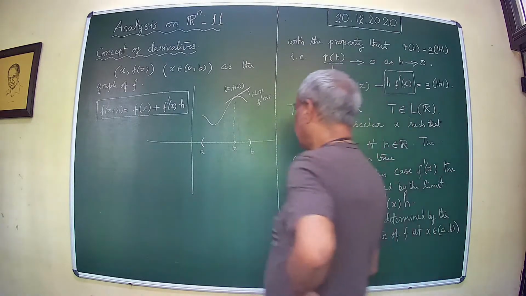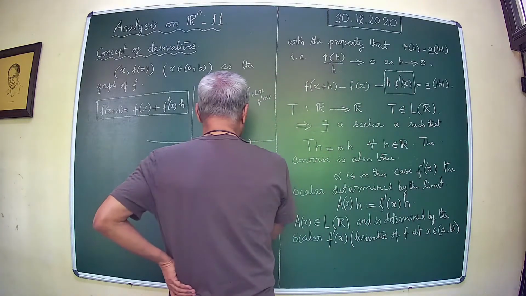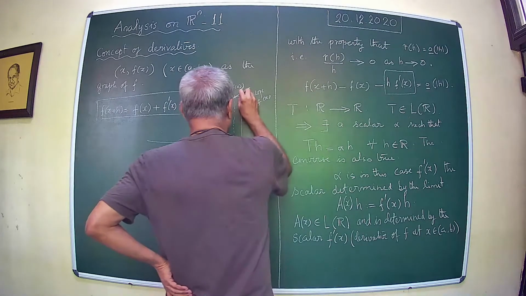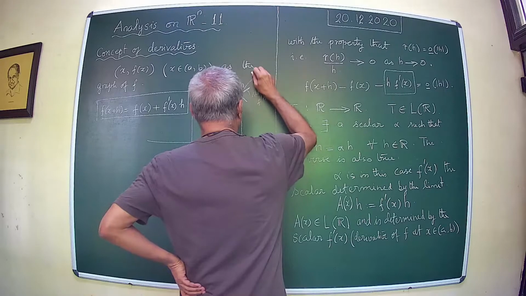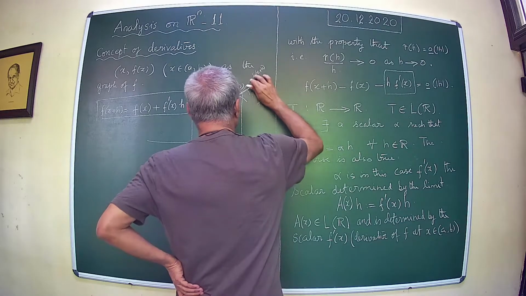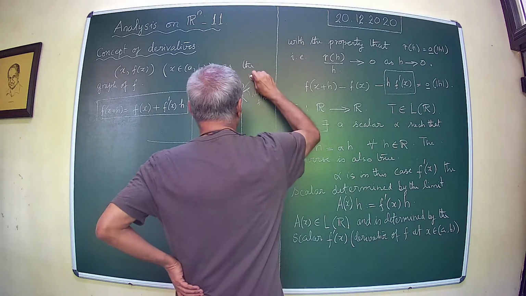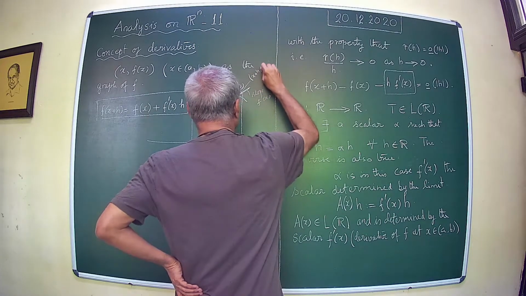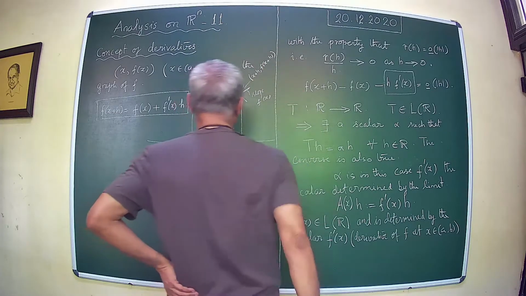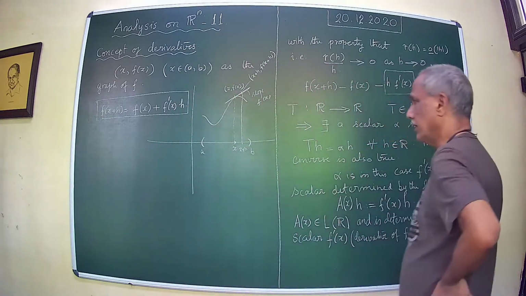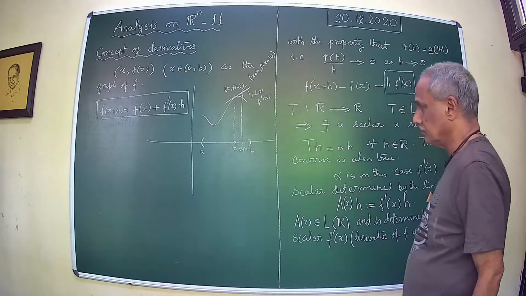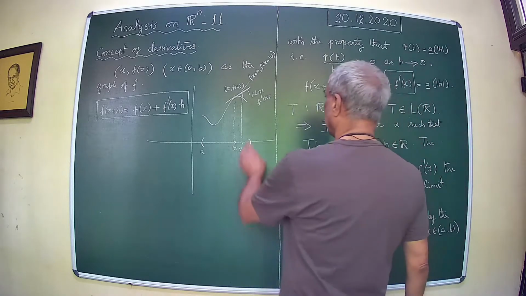So this is the point x, this is x plus h. What we are saying is that on this line, this point is f of x plus h. Or you call that a generic point at x plus h, you have f of x plus h.